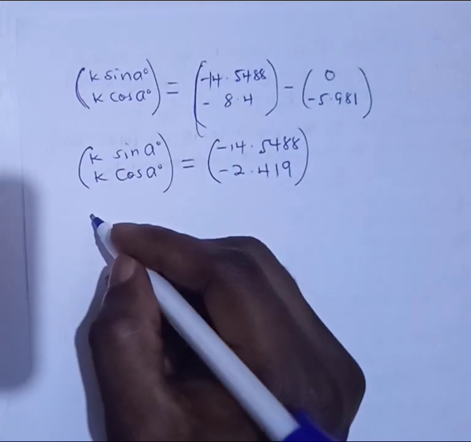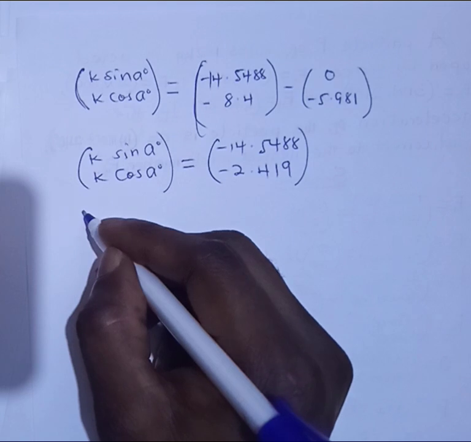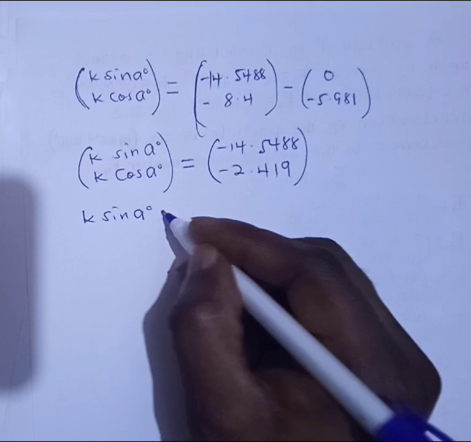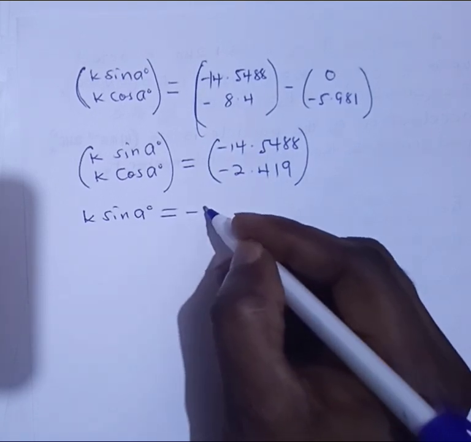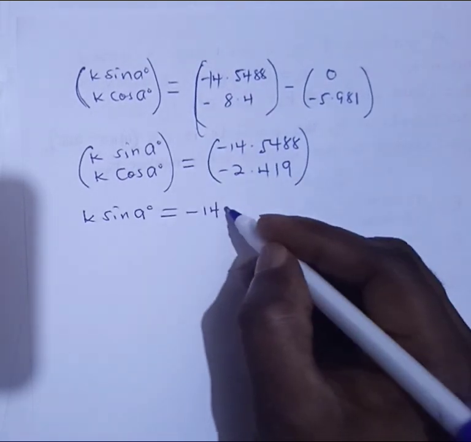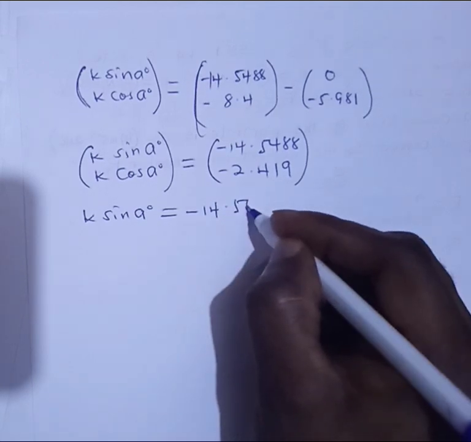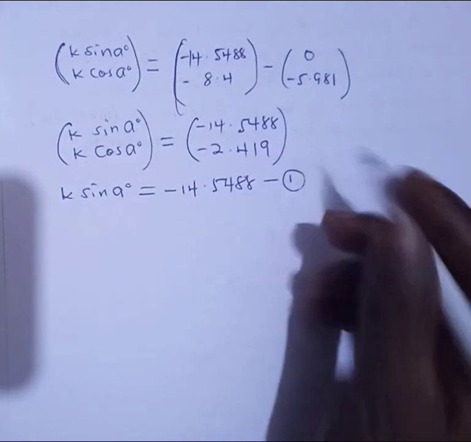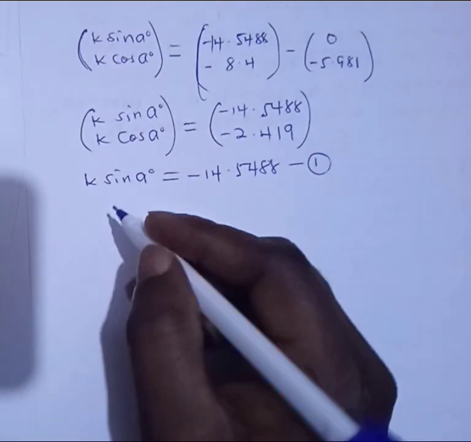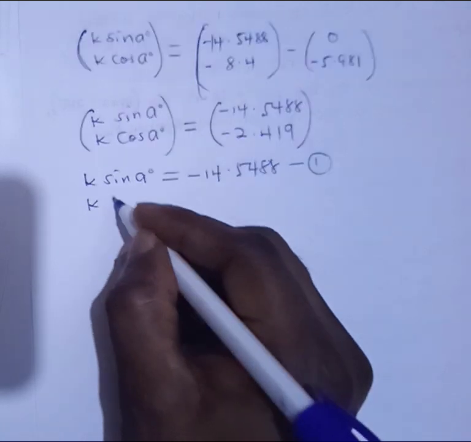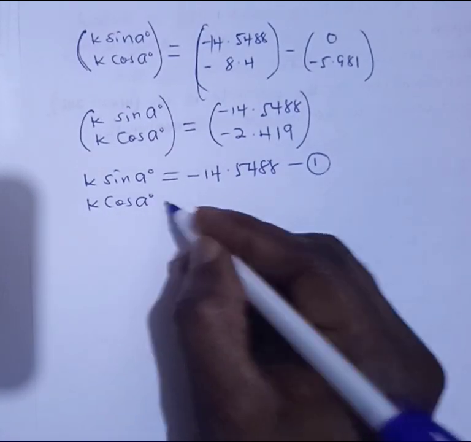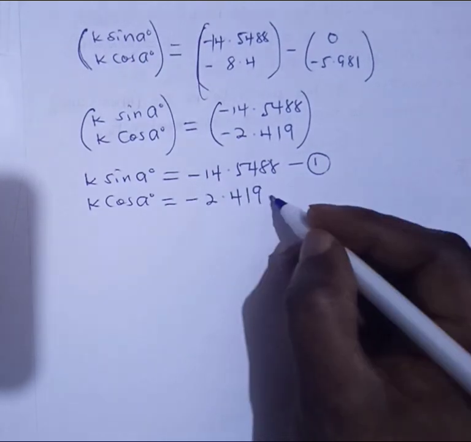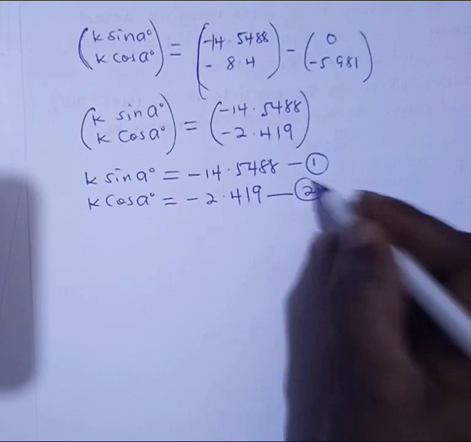So once we have this, then we can write k sine a degrees is equal to negative 14.5488. So we can call this equation 1. And then we have k cos a degrees is equal to negative 2.419. Then we can also call this equation 2.